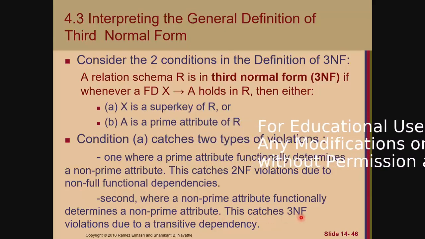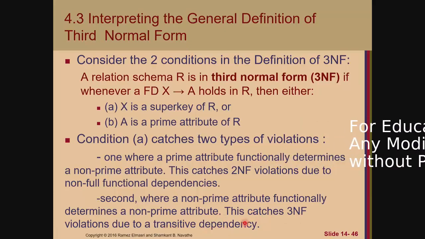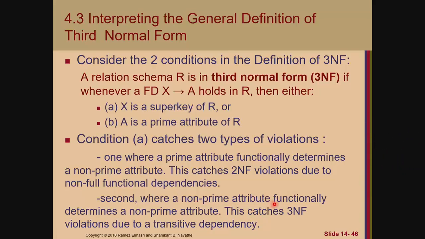This has third normal form violation due to transitive dependency. Yes, non-prime determines non-prime, so we call that transitive, right? So these are two violations. The first one is for second normal form, and the second one is for third normal form.